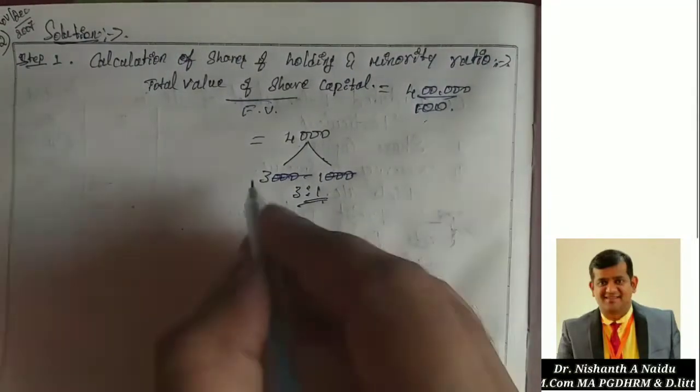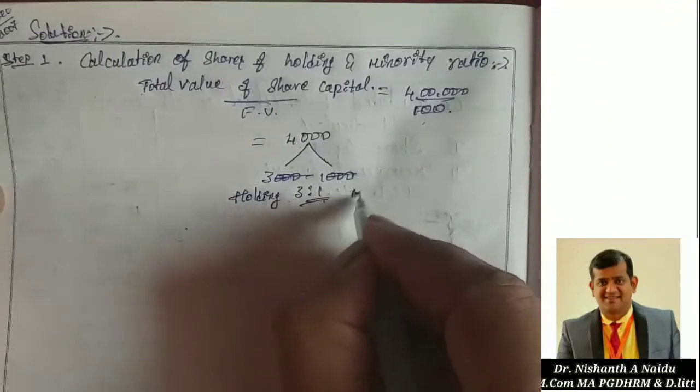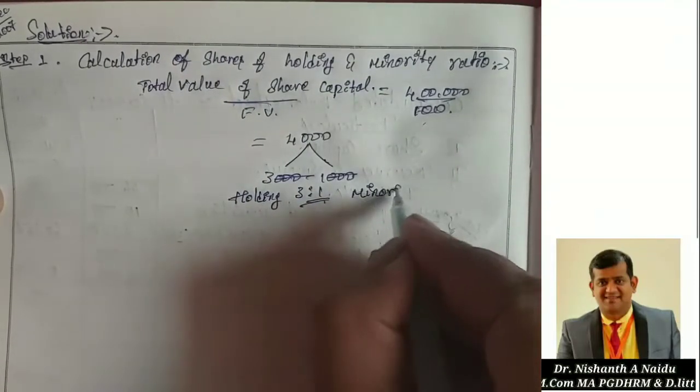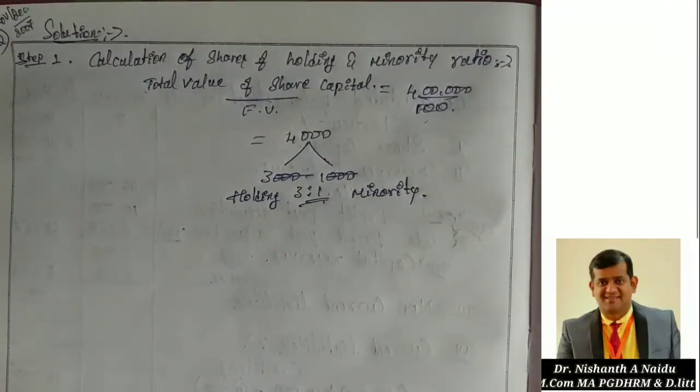This side is the holding company and this side is minority. I believe you are clear till this point.